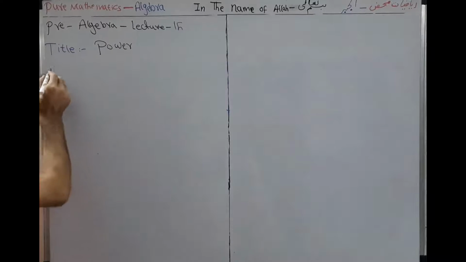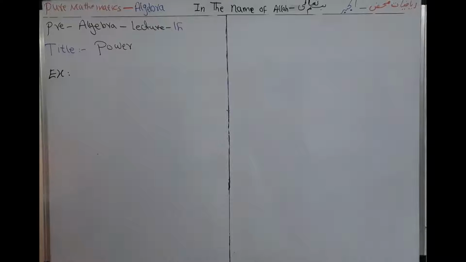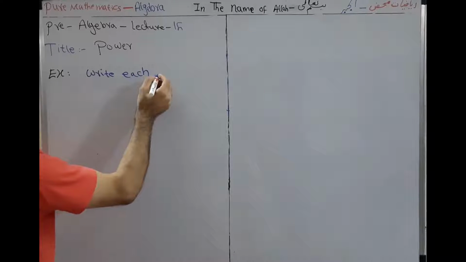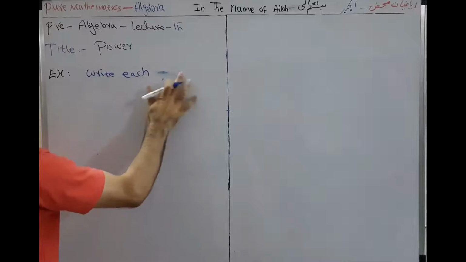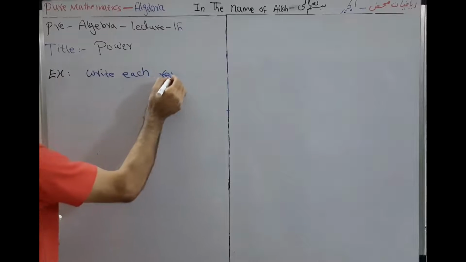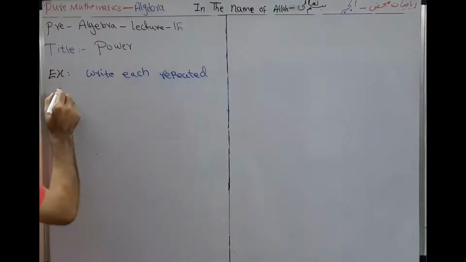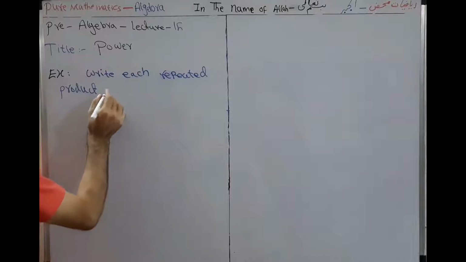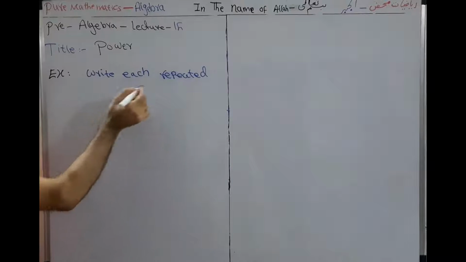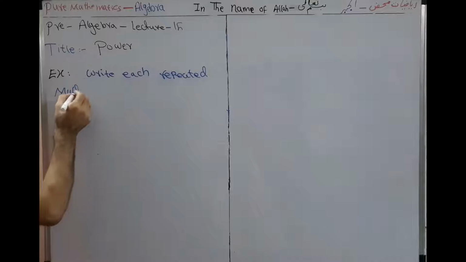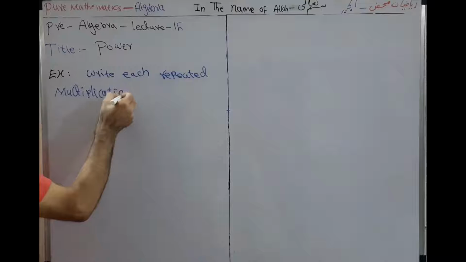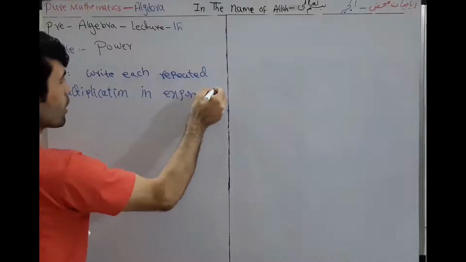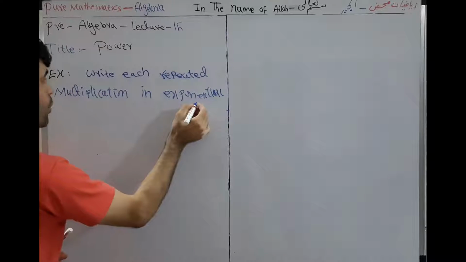Here is an example. Write each repeated multiplication in exponential form.